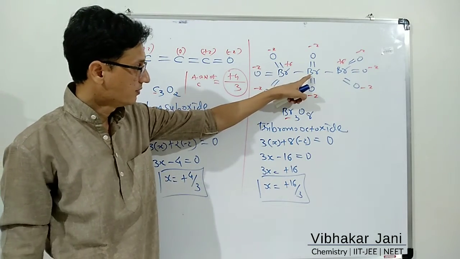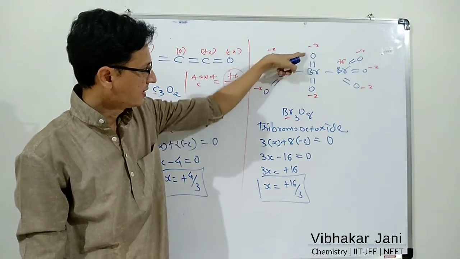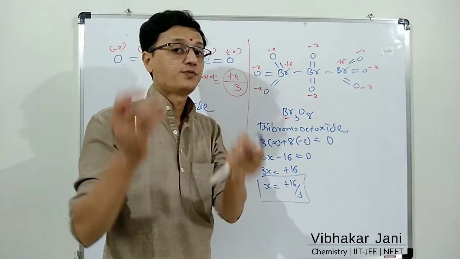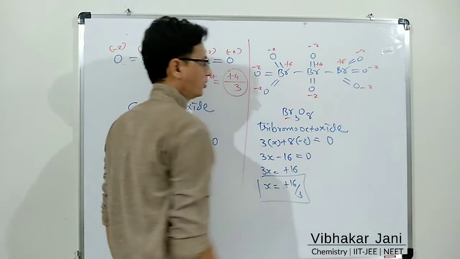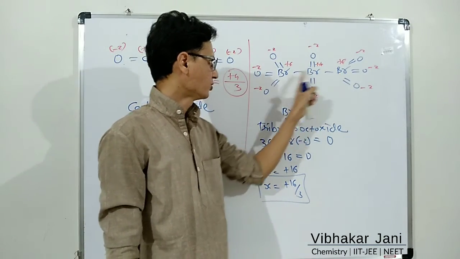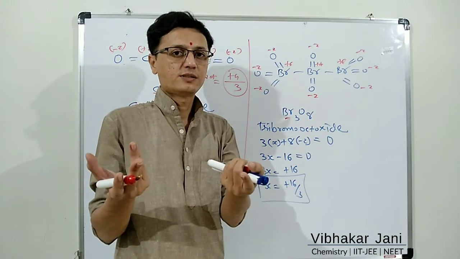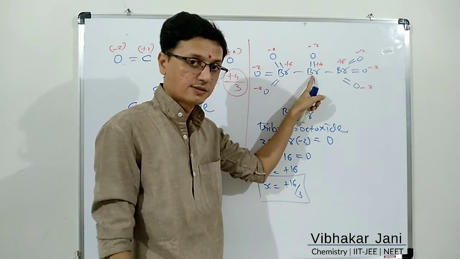But here, if you consider this bromine, then it has only 2 oxygens attached with it. Minus 2 and minus 2, that means minus 4. So to neutralize it, this bromine must have plus 4 oxidation state. And as this bromine is attached with two bromines, and between bromine and bromine there is no electronegativity difference, there is no need to count the effect of these bromines on this.